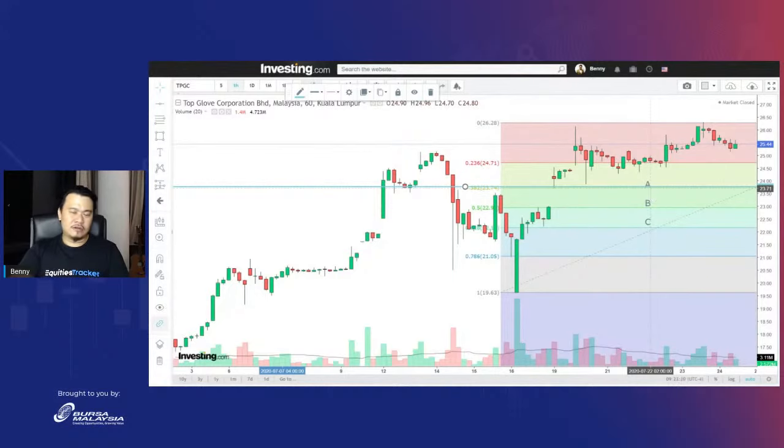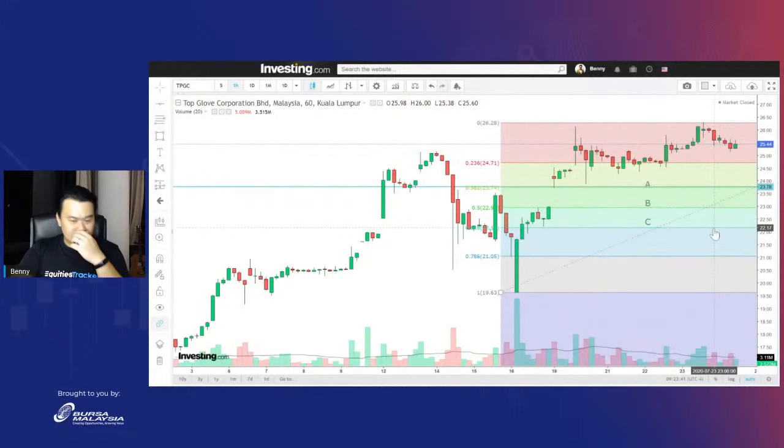So if I only want to select one, then I will select A. But if I want to trade, for example, this particular counter, then I'll wait for it to come down to A. I maybe buy 33% of my position size at A, which is 23.80, and then B at 23, and then C at 22.20. So if let's say I buy at these three levels, the price should rebound at least at 61.8%, which is C, right?